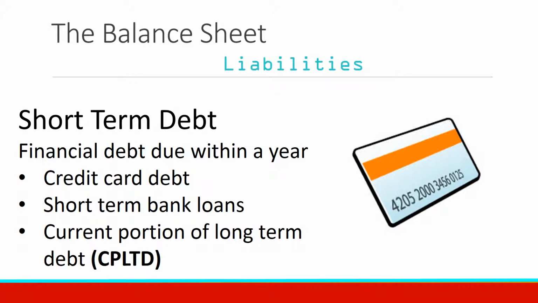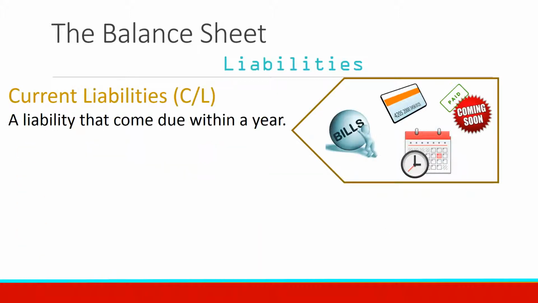It could be a bank loan that's due within a year, called short-term bank loans. Or it could be a piece of long-term debt, but just the piece that's due within the next 12 months. This is called current portion of long-term debt, or CPLTD for short.